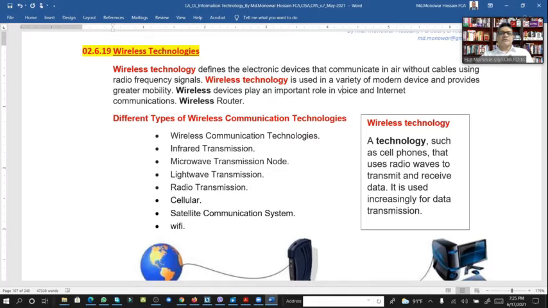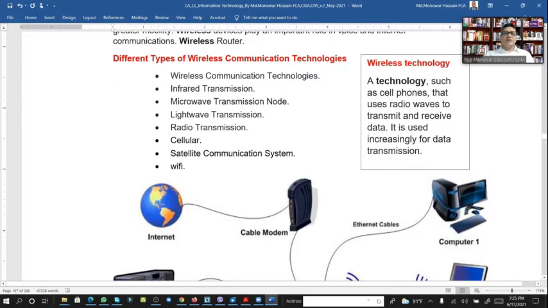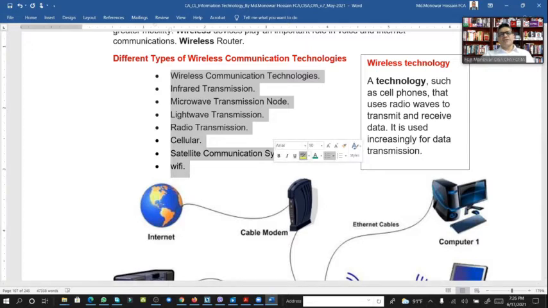We are using, for example, our Wi-Fi connection or our wireless communication technology in different types: microwave transmission, radio transmission, cellular, satellite communication systems, and popularly known Wi-Fi also.